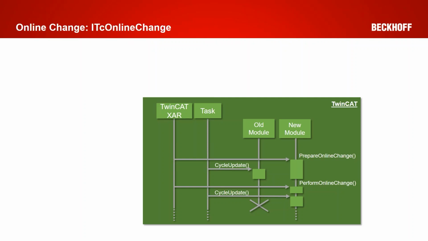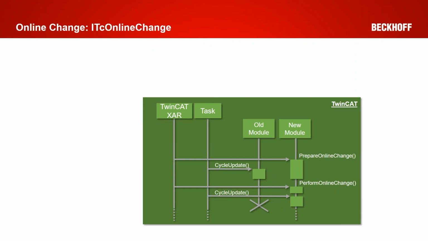This is for gathering, for example, the internal states of a PID controller or so from the old module. So the data which is cyclically changing and adapted to the current situation. After this PerformOnlineChange, the cycle update call from the task will then go to the new module, and the old module will get destroyed from its memory.